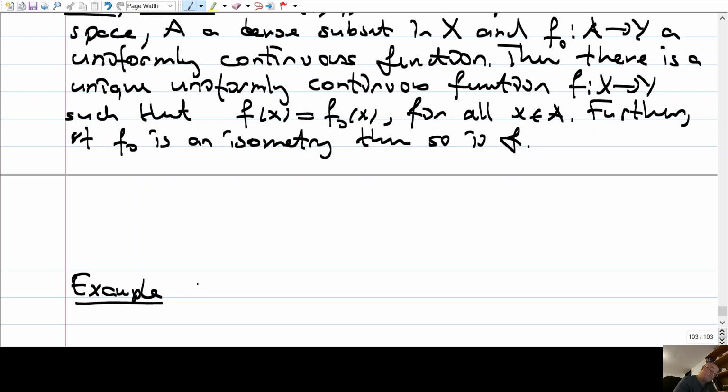Consider this function, for example. Let's say x is the real numbers with absolute value metric, and y is the set of real numbers again with absolute value metric, and let's say A to be the rational numbers.